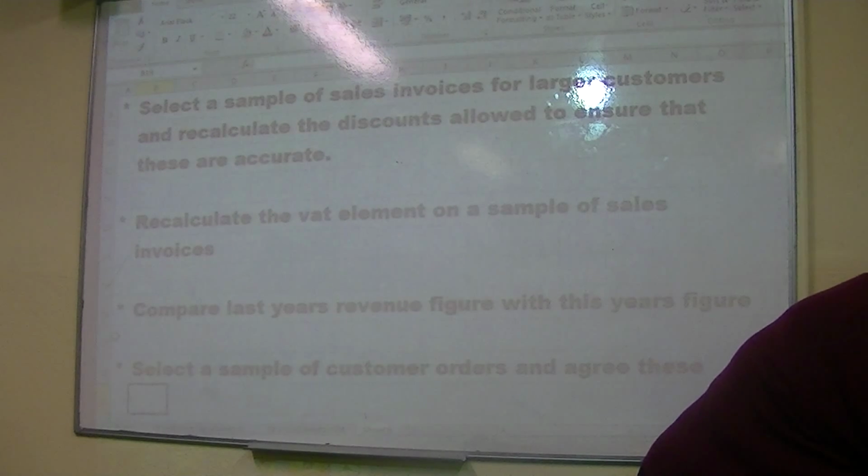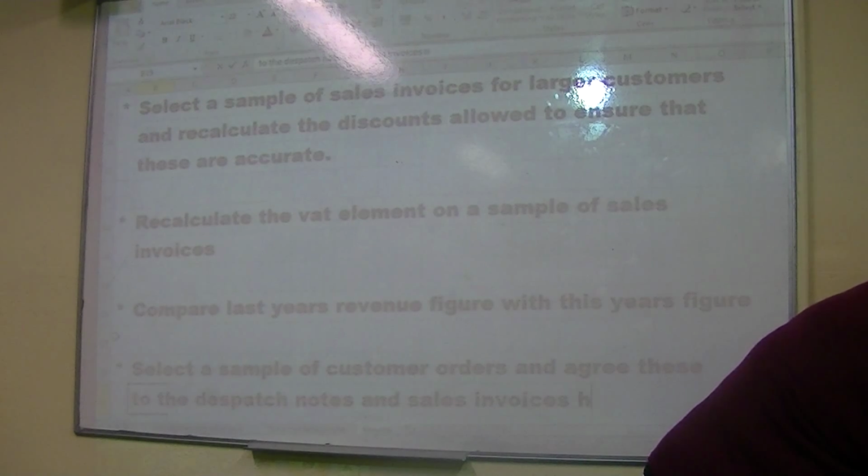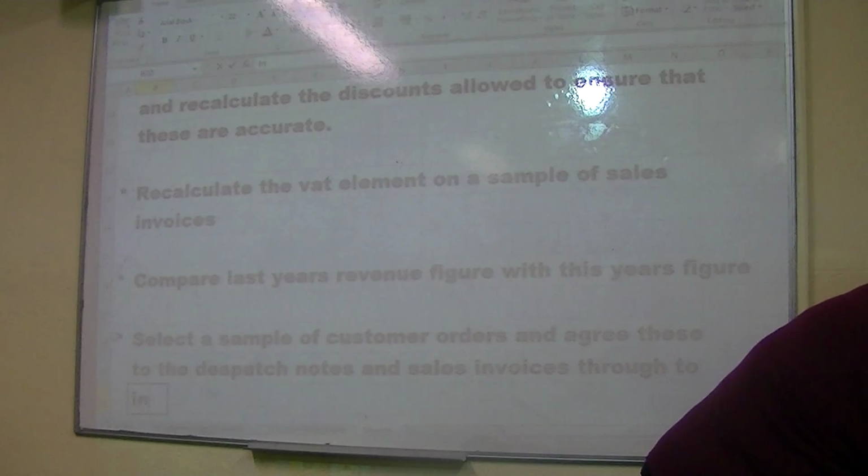Okay, so let's take a sample of customer orders and agree these to the dispatch notes and sales invoices. Trace through to inclusion in the sales ledger to ensure completeness.